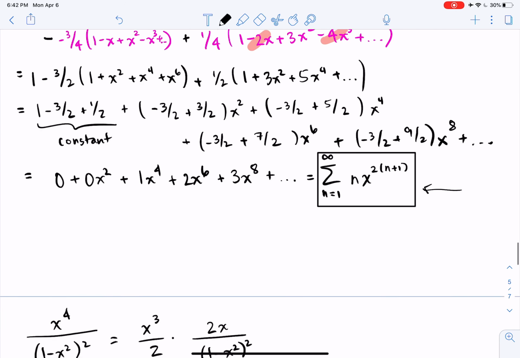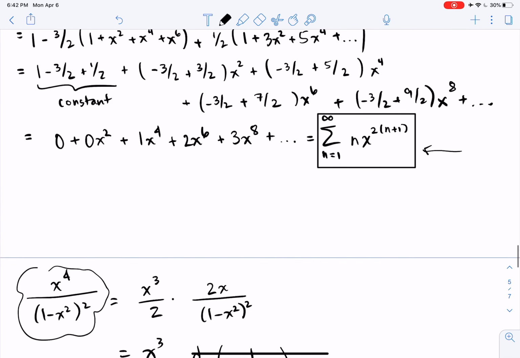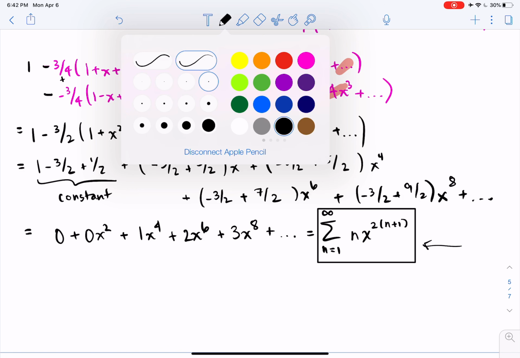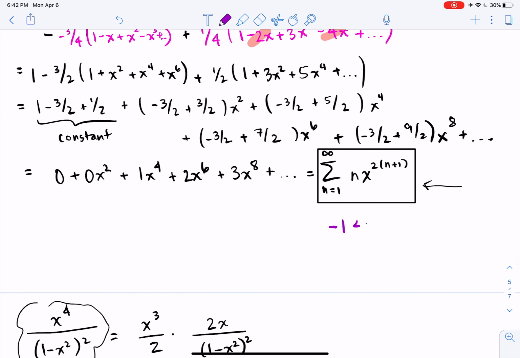Now let's go back and just verify. We already said that this was valid for x values between -1 and 1. You can verify this by the ratio test.